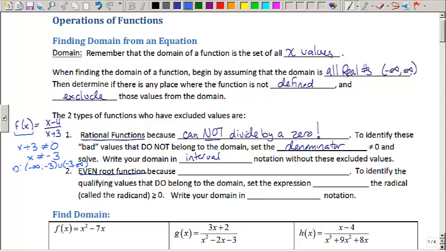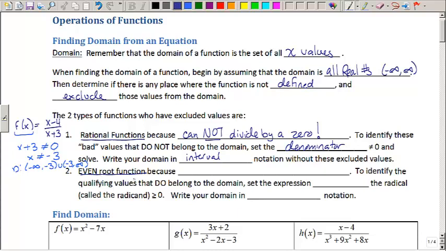In this case, because I have a denominator, I really don't want that denominator to be equal to 0. So everybody gets to come to my domain party except negative 3. I send out all my mass invitations, and then I just make sure that negative 3 doesn't get the invitation. He's not included in my domain. And we're going to use this a little bit later as well.